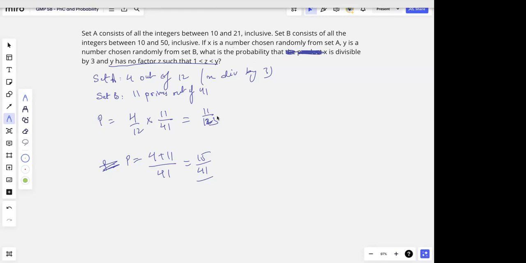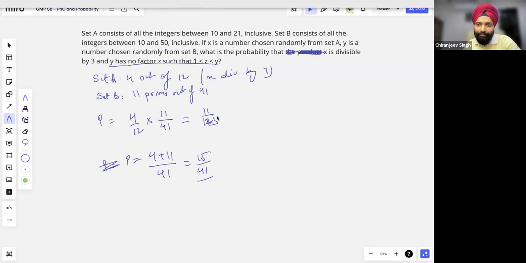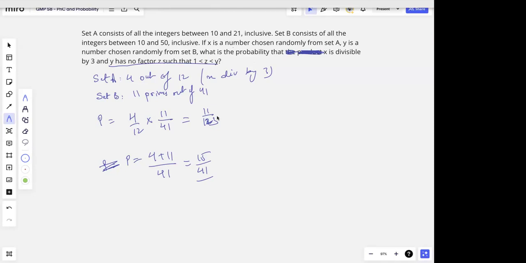So both these conditions would be satisfied if X is divisible by 3 or... Is there an or there? It is an and. Okay.